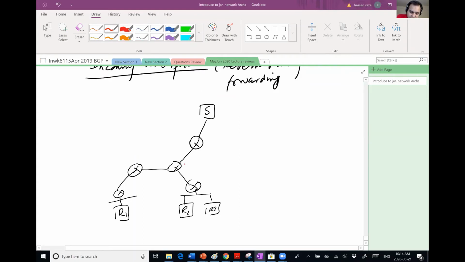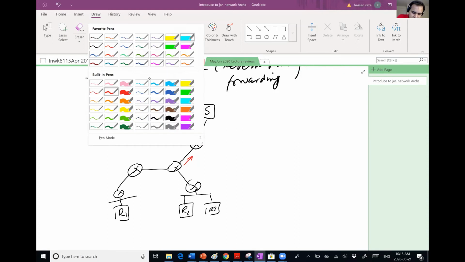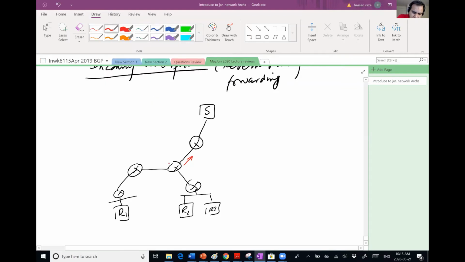I have a red option, I have a purple option.